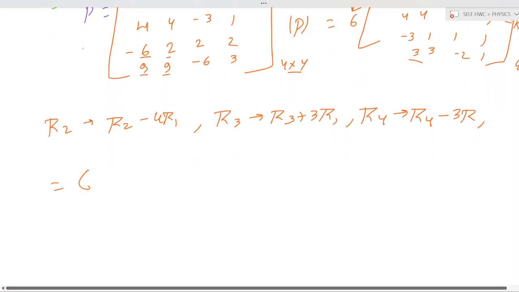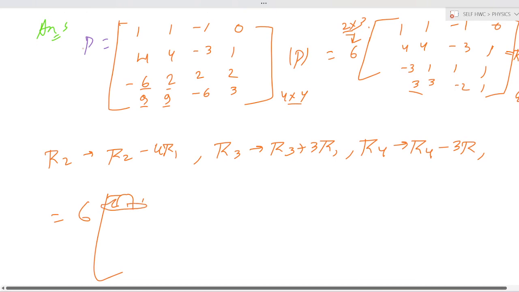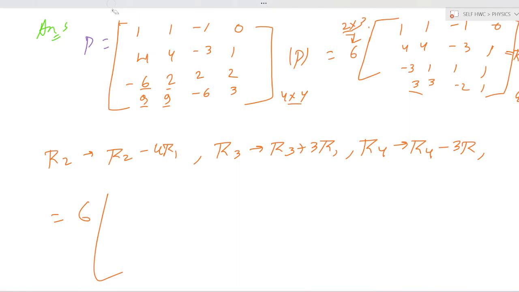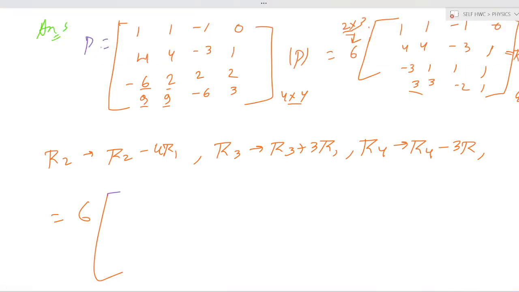So this value is 6 into the matrix 1, minus 1, 0; 0, 1, 1; 0, 4, minus 2, 1; and 0, 1.